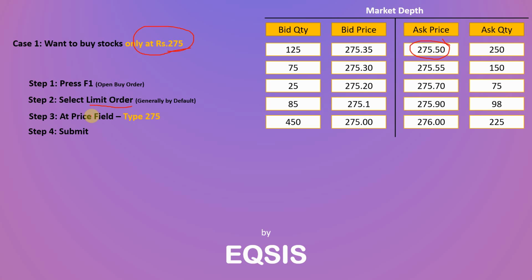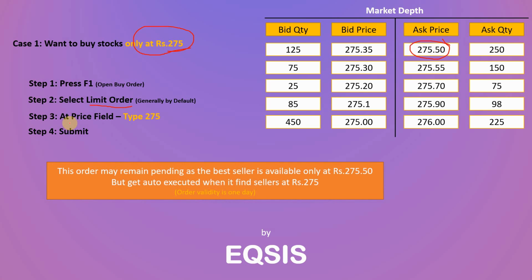Then step 3, I'm sure it will show you a price field, where you have to type 275. In some software, it may say limit price. In some software, it may just ask for a price. It can be anything, but it's going to show you only one field, which is the limit price.